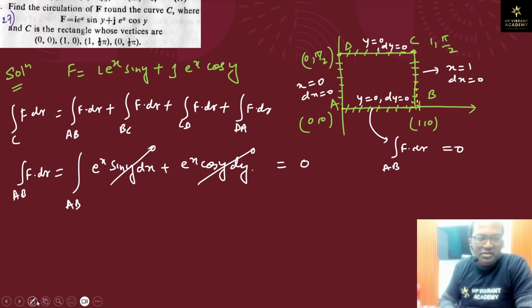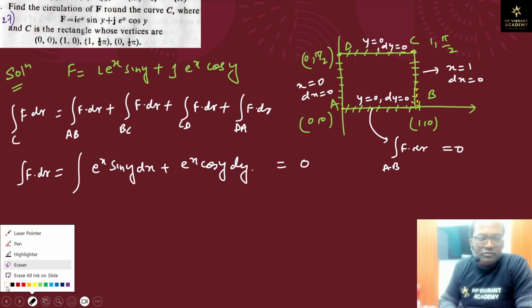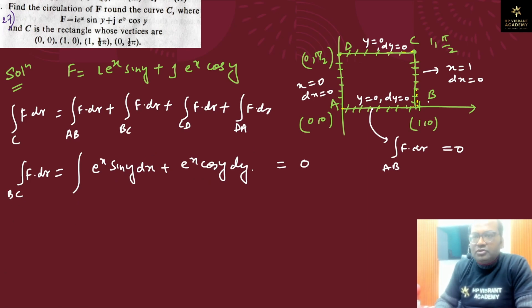So now let us find along BC. Along BC we have dx is equal to 0. So dx equal to 0, then e to the power x sin y dx vanishes. And we have x is equal to 1 and y varies from 0 to pi by 2.